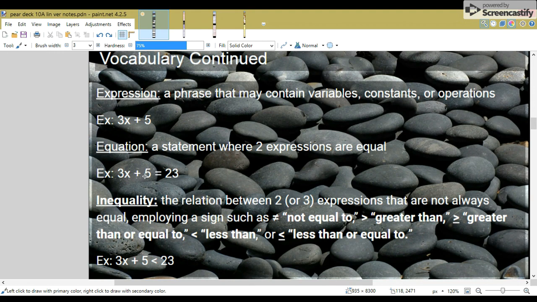Example, 3x plus 5 equals 23. Inequality: the relation between two or three expressions that are not always equal. It employs a sign such as not equal to, greater than or equal to, less than, or less than or equal to. Example, 3x plus 5 is less than 23.